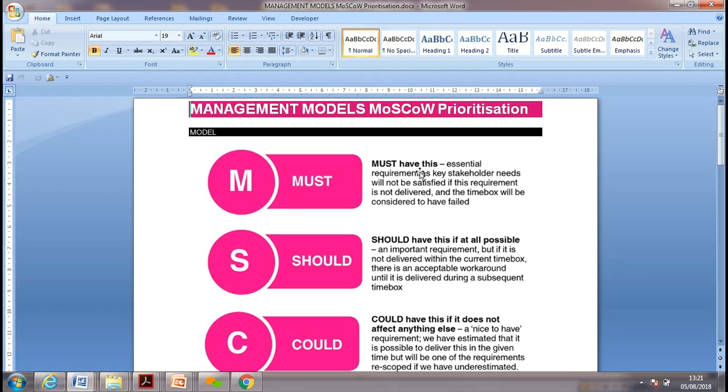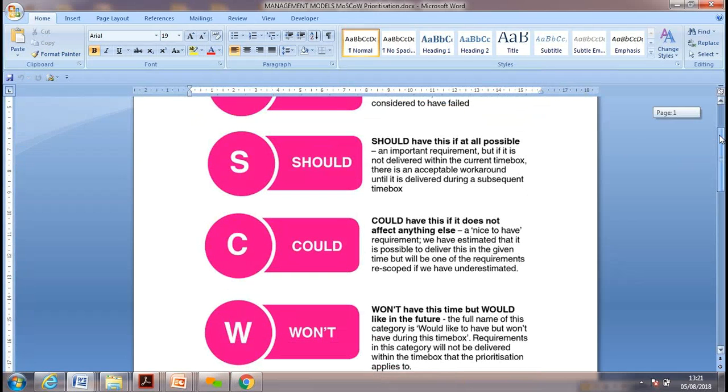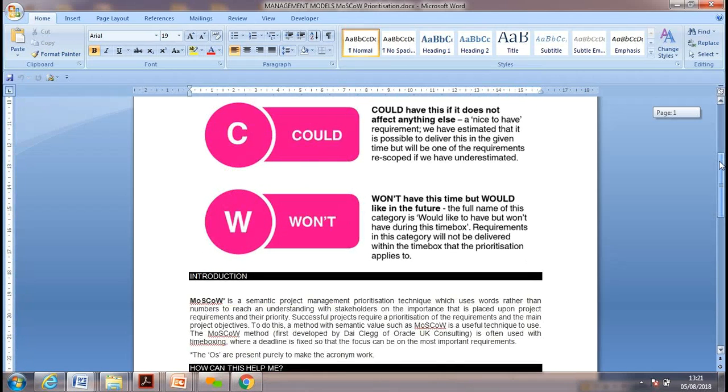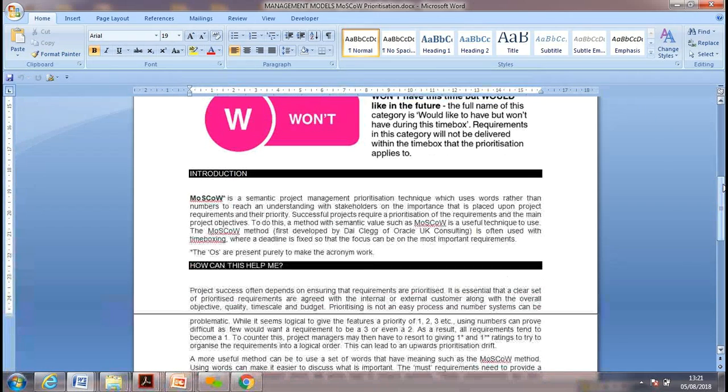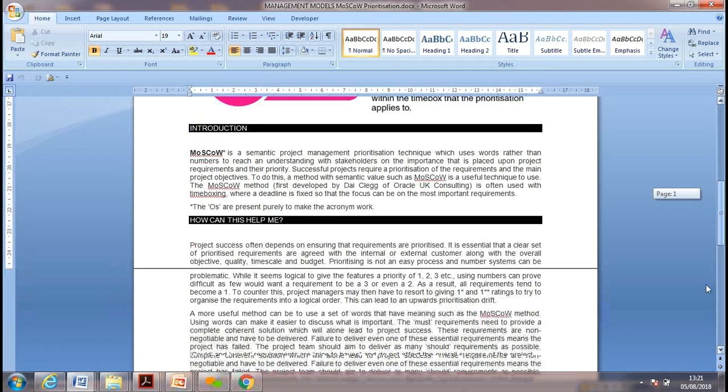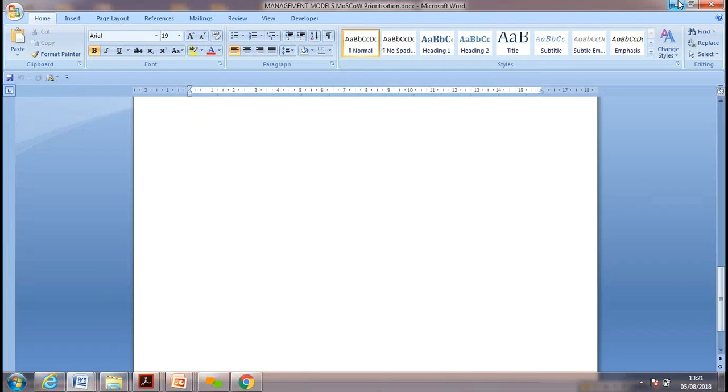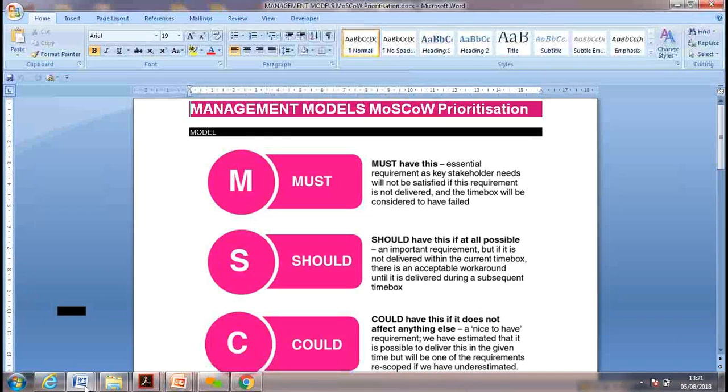Must have: the essential requirements, like key stakeholders' needs. Should have: this if at all possible. Could have: this if it does not affect anything else. Won't have: this time, but would like in future, maybe because this is our first project. So it's all explained. If you want, you can reference it in your assignment and discuss it. Another model is the track model.